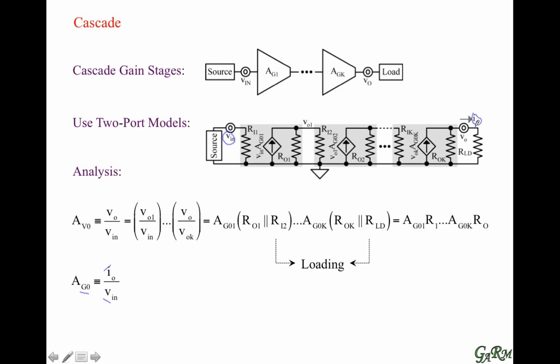So again, we divide and conquer. The first thing we can do is the small signal voltage gain translation from the input to the output, and that gets us all the way out to the output voltage, the one across the load.